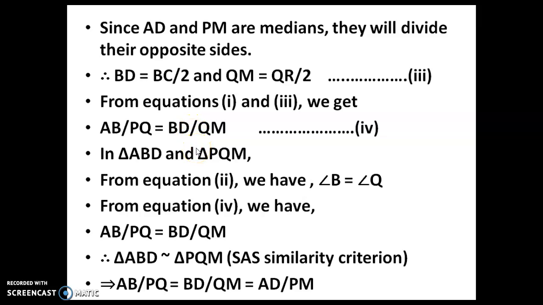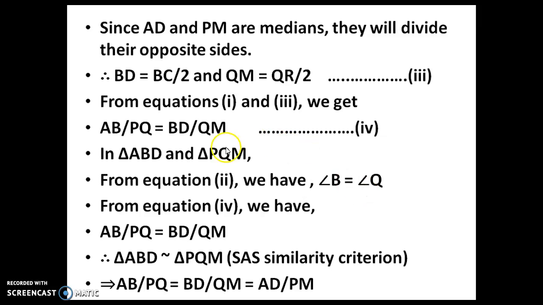By this proportionality, taking the first half triangles ABD and PQM, in that angle B equal to angle Q, that is already given data.